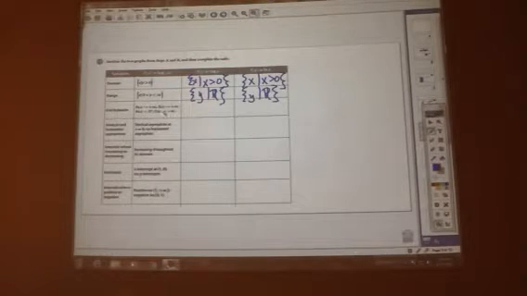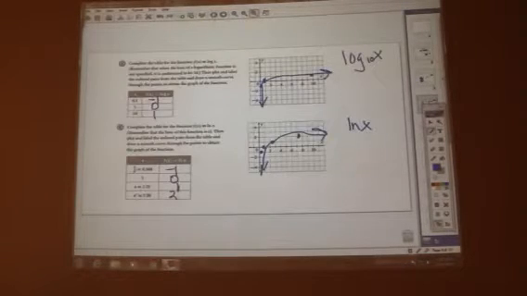Right, on the base 2, on end behavior, as x approaches positive infinity, y approaches positive infinity. As x approaches 0, y approaches negative infinity. So let's look at our base 10. This one, as x approaches positive infinity, what is y doing? It's approaching positive infinity.